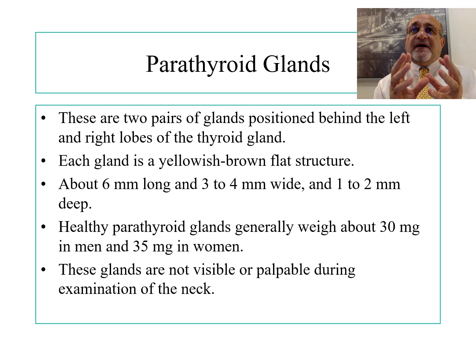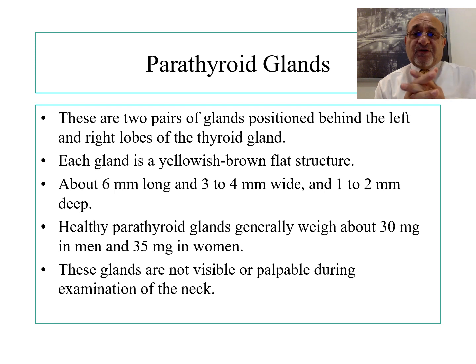Each gland appears like a lentil seed, a yellowish brown, flat structure, and they measure about 6 millimeters in length, 3 to 4 millimeters in width, and 1 to 2 millimeters in depth.